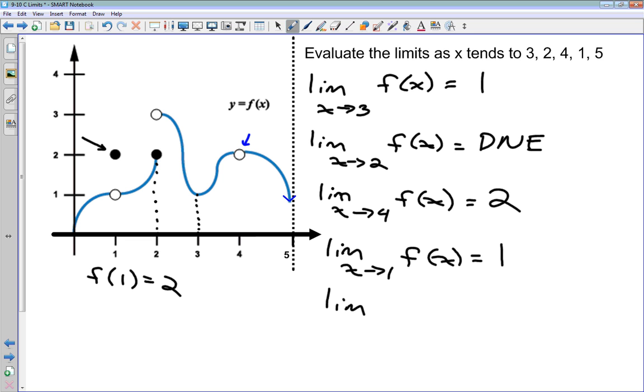Finally, the limit as x tends to 5 of our function, well, what's going on as we approach 5? What's happening, Liam, to our function as we approach x equals 5? It never hits 5.